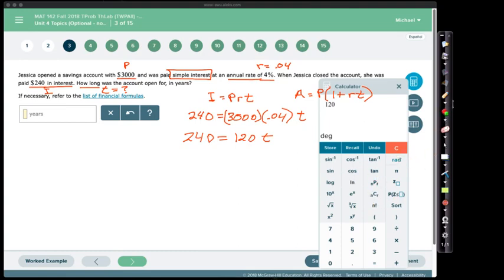But if you're not sure, let's just go ahead and put it in. We're going to take 240. We're dividing both sides by the 120. That will give us t. And again, 240 divided by 120. If my intuition tells me right, which it should, it's just 2.